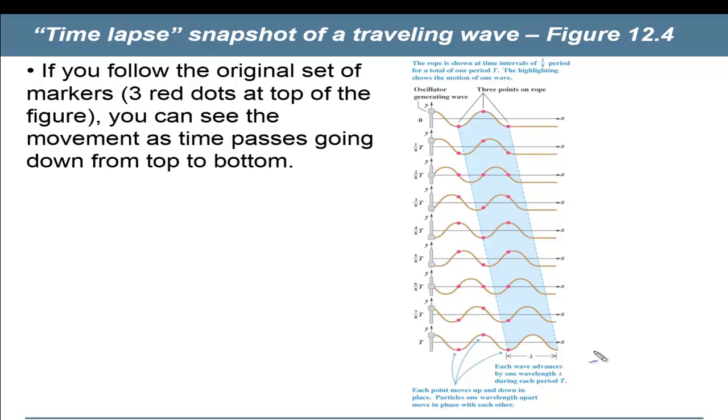So we can also define the wavelength in this figure as the distance between two troughs, or the distance between two crests, or some arbitrary point, as we talked about before. So that's the length of the wave, when it's in the x direction.